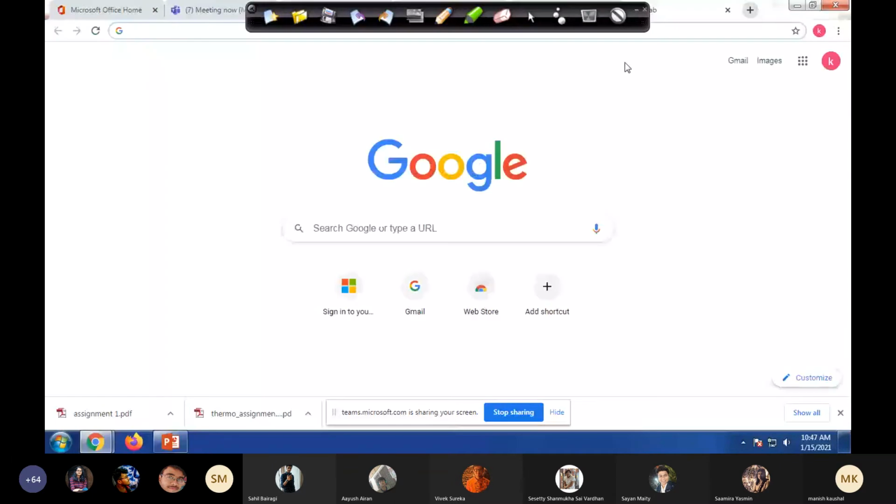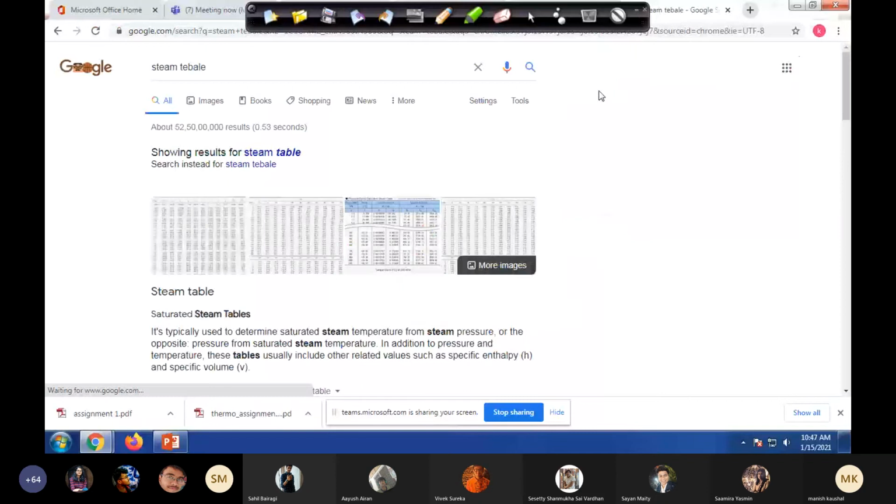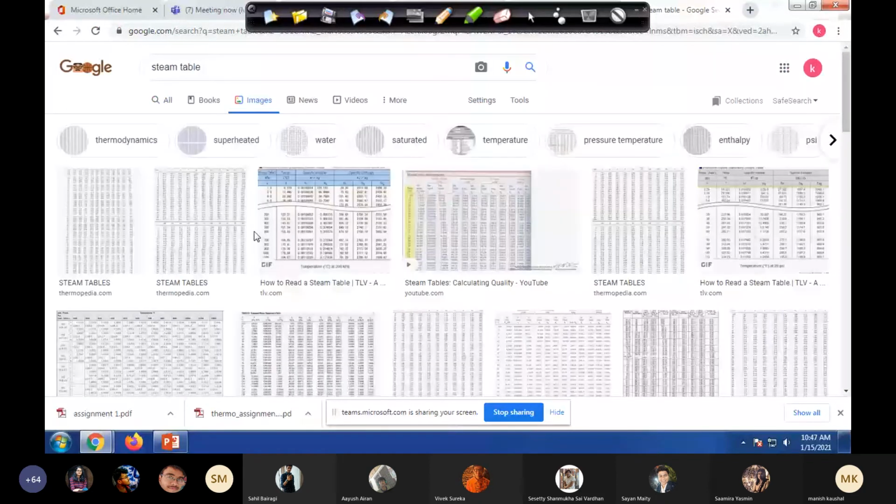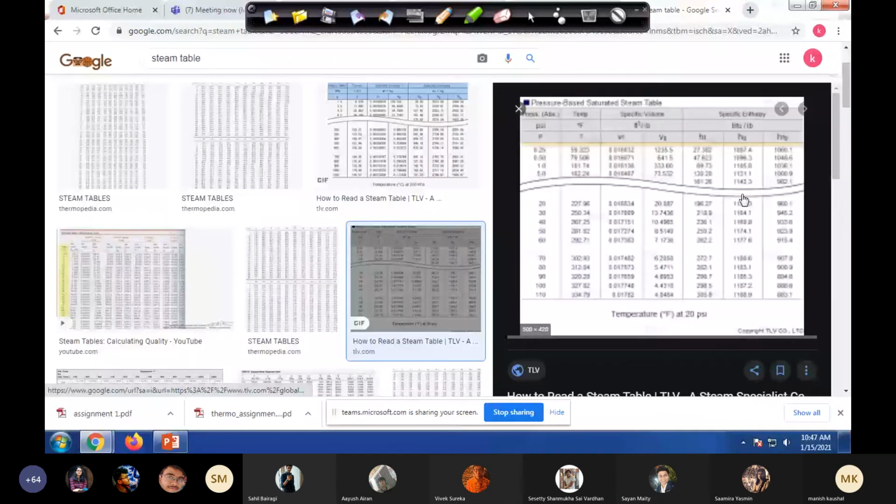We want steam table in terms of pressure and temperature. Let me see. I thought I put it, but that was superheated steam. I will come to superheated steam in a minute. I think this one will work for us. All the entropy is missing here, but that's fine. Can you see my screen?